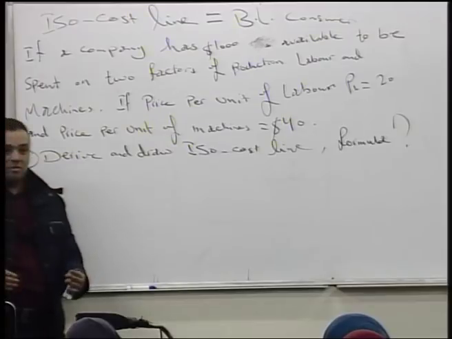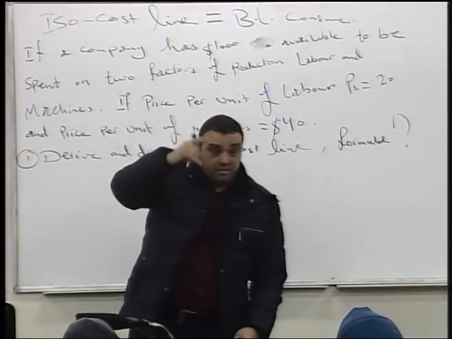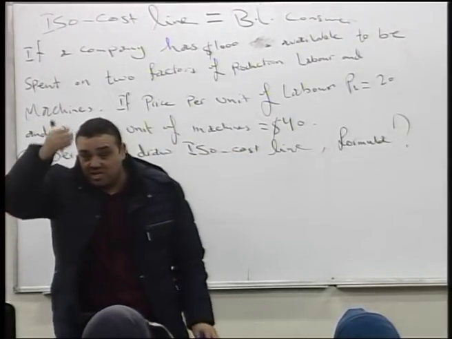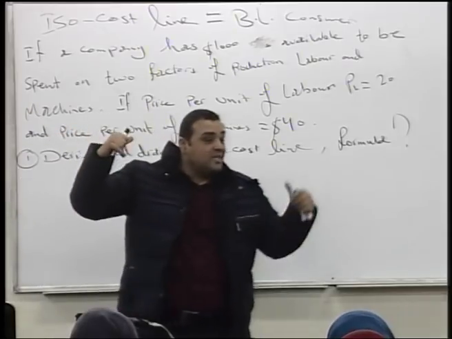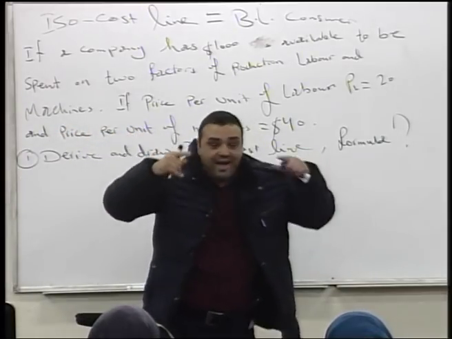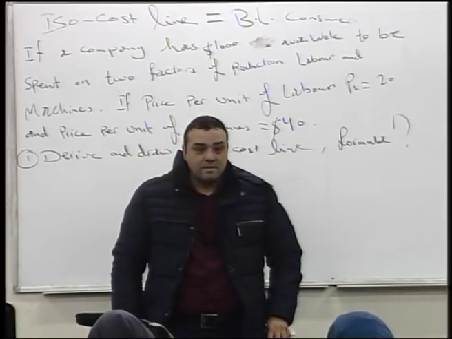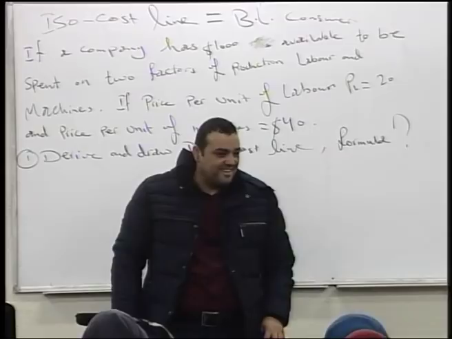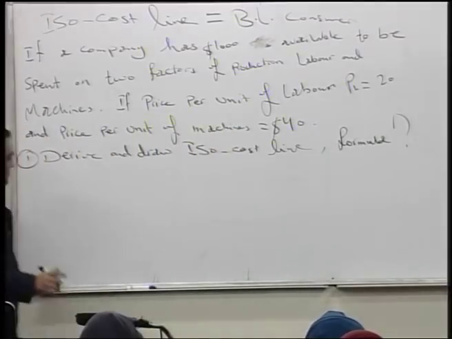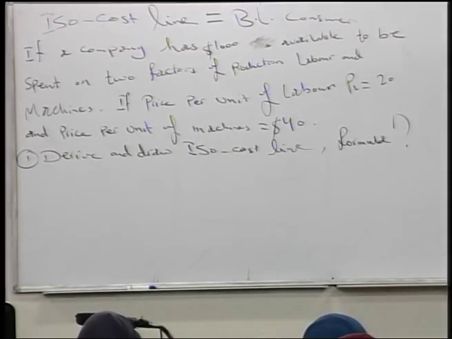Then we will assume that the producer equilibrium occurs when the ISO quant curve is tangent to the ISO cost line, the same as the consumer.